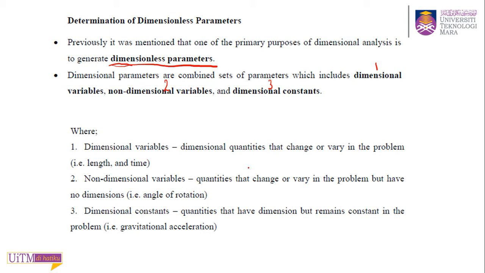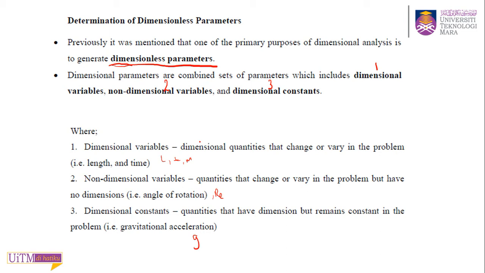So that is a dimensional constant. So these are the three parameters in a dimensional parameter.